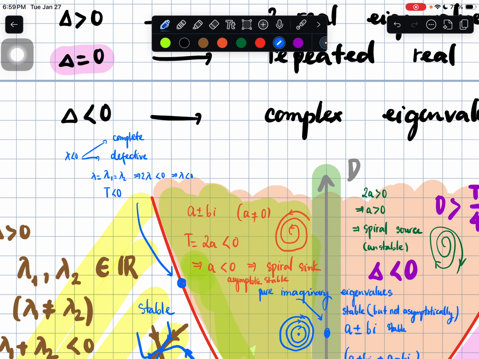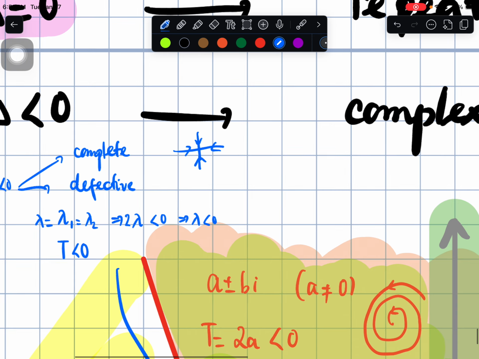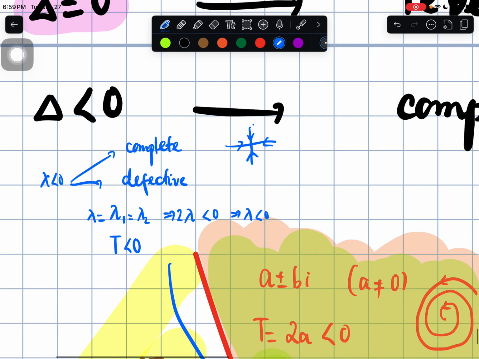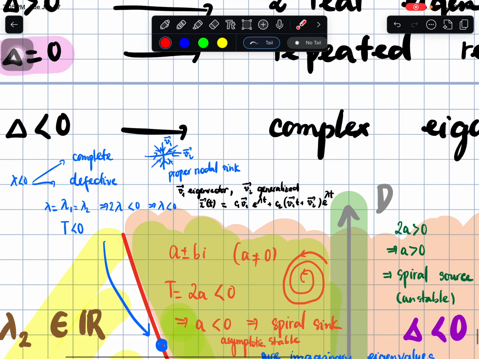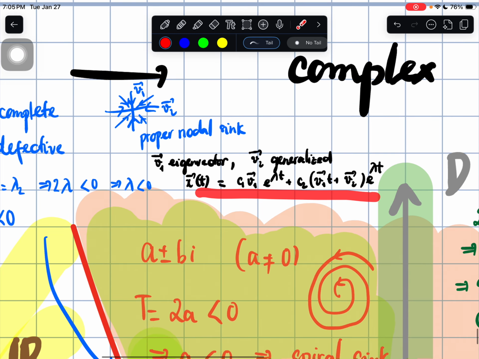If it is complete, we have two eigenvectors v1, v2. So the solutions just sink to the origin. In this case we have a proper nodal sink. And for the defective case, where lambda is negative, we have one eigenvector and one generalized eigenvector, and the general solution is of this form.